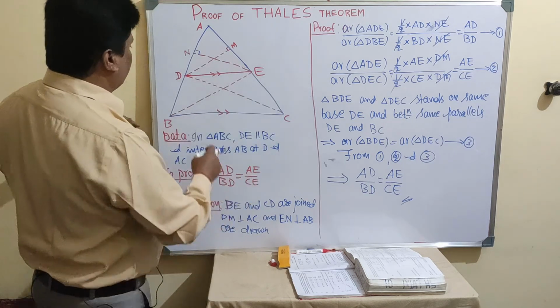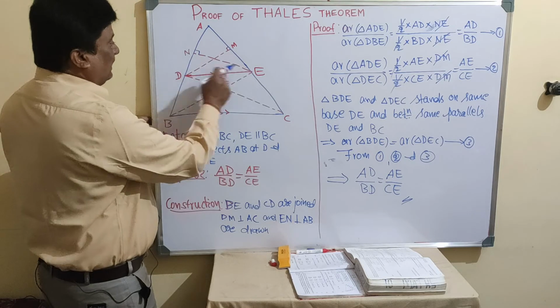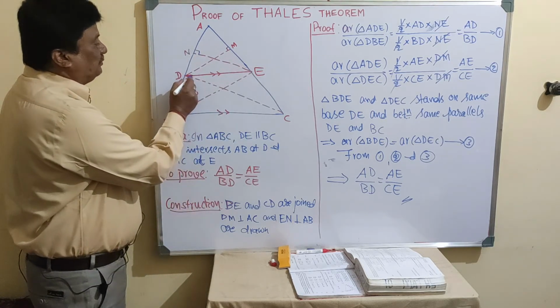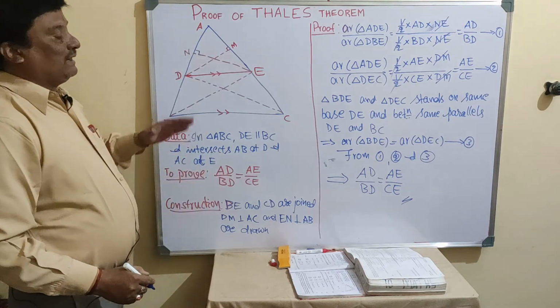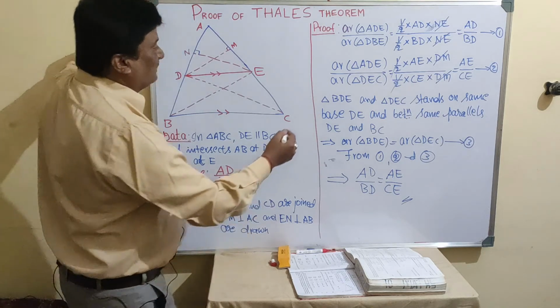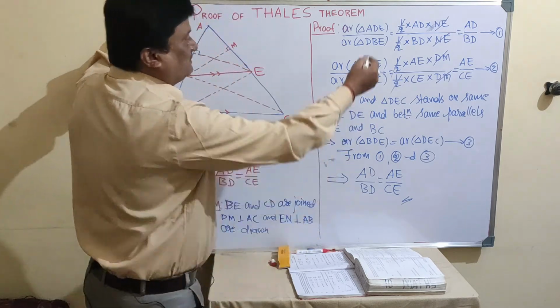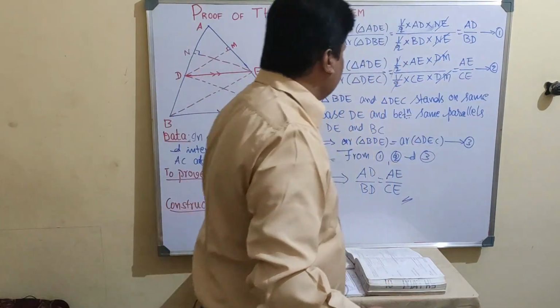Similarly for DBE, the base is BD and the height is NE, as it is an obtuse angle triangle, so the height lies outside the triangle. Similarly, the ratio of area of triangle ADE by triangle DEC gives AE by CE. Let's call this equation 1 and this one equation 2.